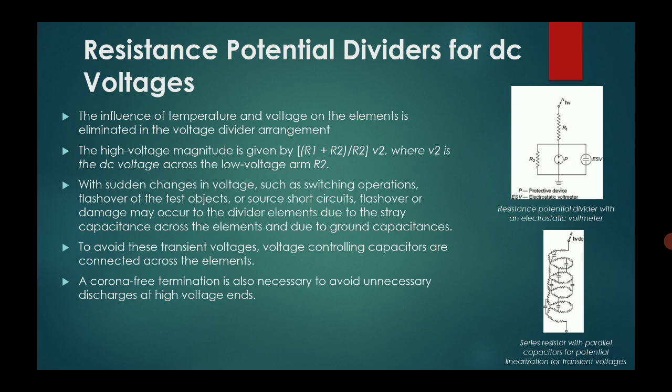To avoid these transient voltages, voltage controlling capacitors are connected across the element. Okay, so you have a voltage controlling capacitor to remove these stray transient voltages, and a corona free termination is also necessary to avoid unnecessary discharges at high voltage ends.